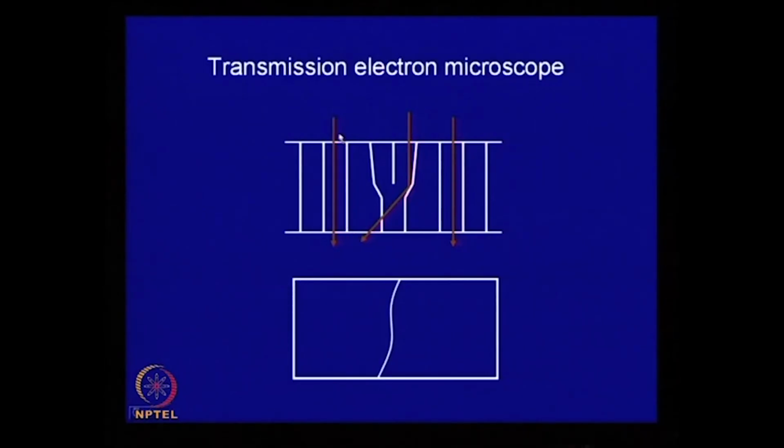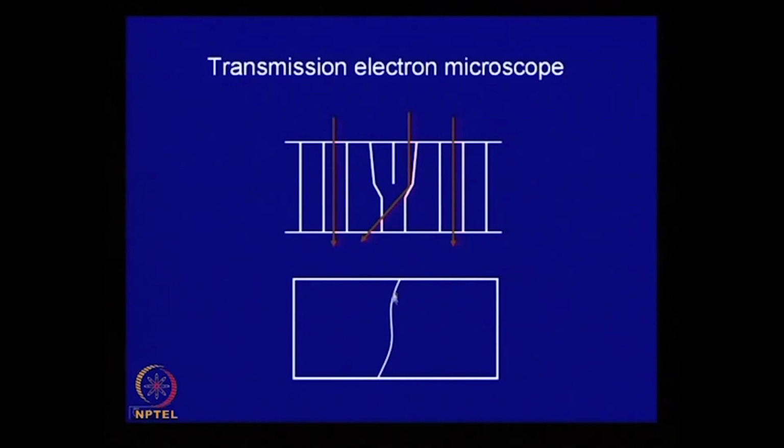When the beam passes through a region which does not contain the dislocation, it passes straight through, and when it strikes the image plane it is focused there, so this area will have a bright contrast. But when the beam passes through the region with local lattice disturbance, it gets diffracted and does not strike the image plane.